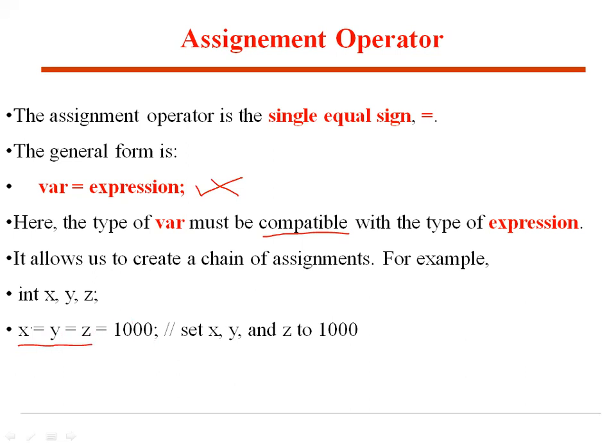From right to left. First z will be assigned, so z will become 1000. Then this entire value will become 1000, and that 1000 will be stored in y. Then this entire value will become 1000, and that 1000 will be stored in x. Ultimately, x, y, and z all three contain the value 1000. This is valid in programming.